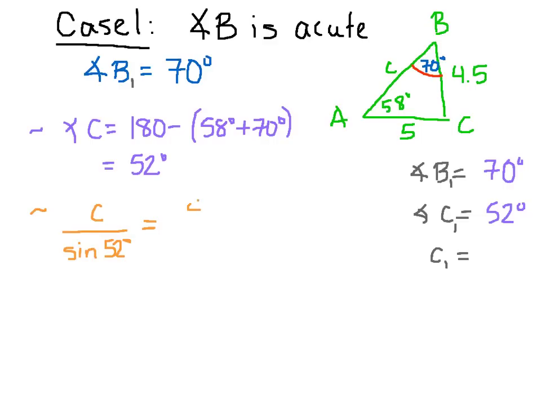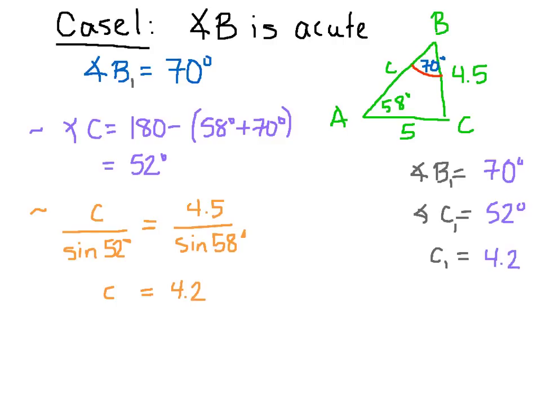So I'll say 4.5 over the sine of 58 degrees. And when you solve this, you find out that C ends up equaling 4.2. So your side C gives you 4.2.